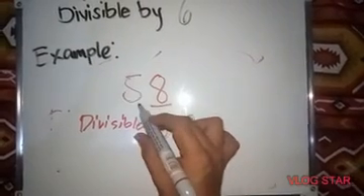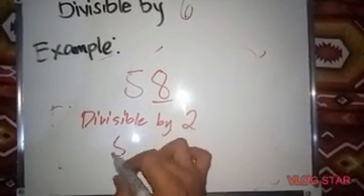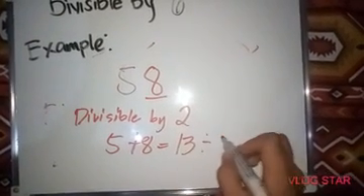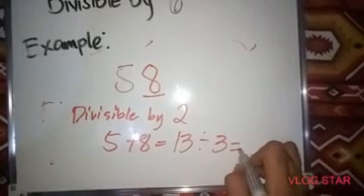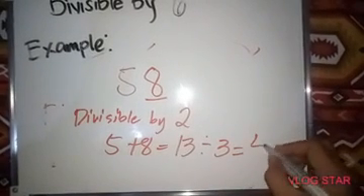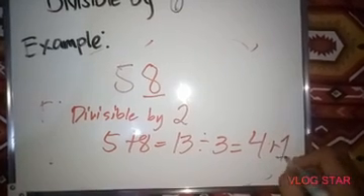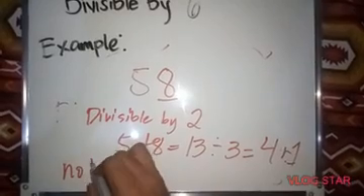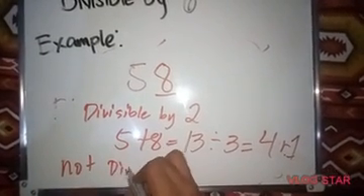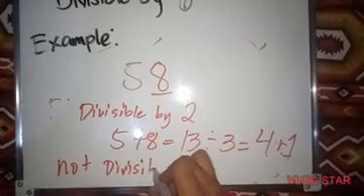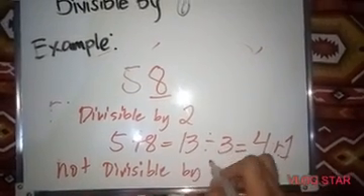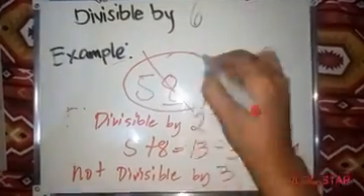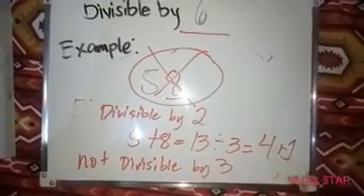Then let's find out if it is divisible by 3. 5 plus 8, the answer is 13, divided by 3, it is 4, remainder 1. So meaning to say, it's not divisible by 3. So 58 is not divisible by 6.